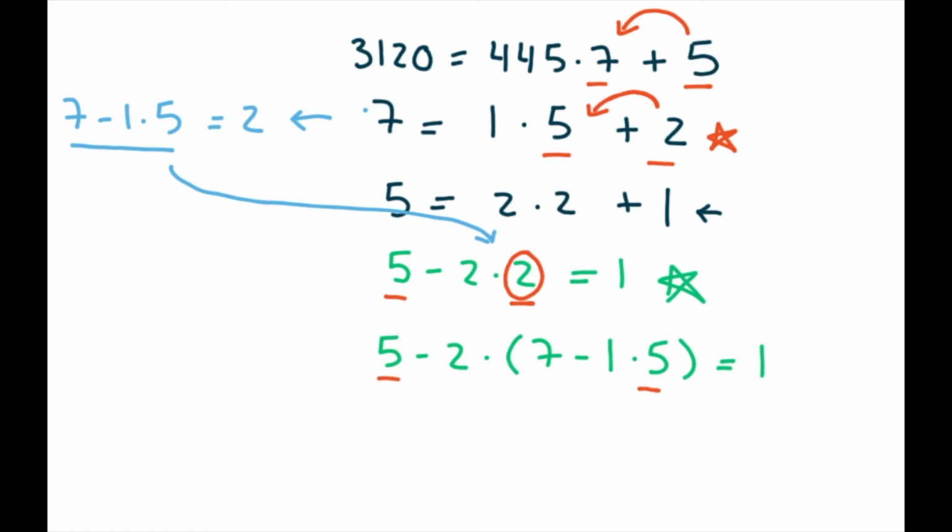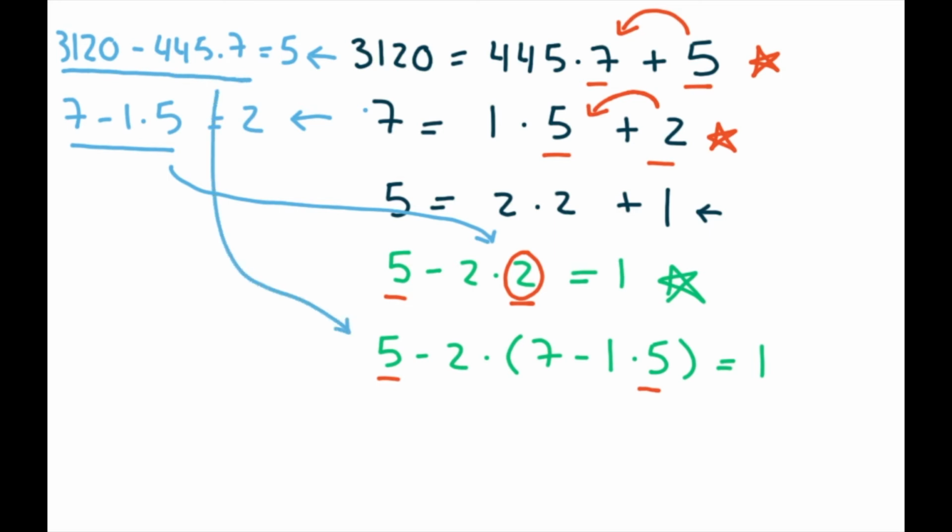I'm going to do the same thing for the 5s that I have here. I'm going to check where above I've gotten a remainder of 5. And that looks like it's happening right here. And this equation is the same thing as saying 3,120 minus 445 times 7 is equal to 5. And I'm going to once again substitute in 3,120 minus 445 times 7 in for 5 down here, as well as over here.